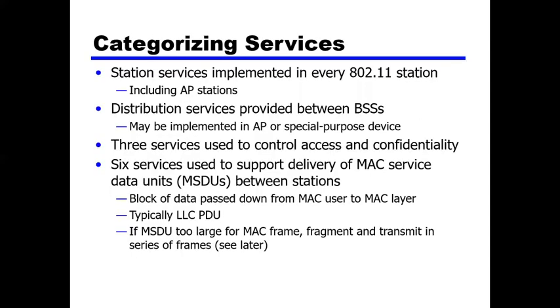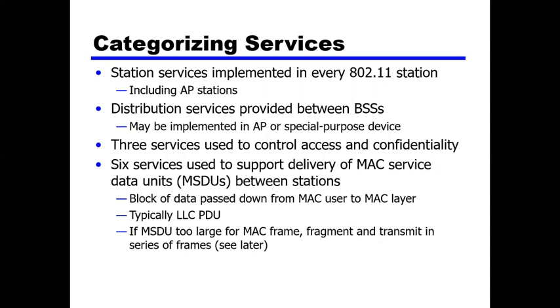Categorization of services: services implemented by every 802.11 station, including access point stations. Distribution of the services provided between the BSSs may be implemented in the AP or special purpose devices.